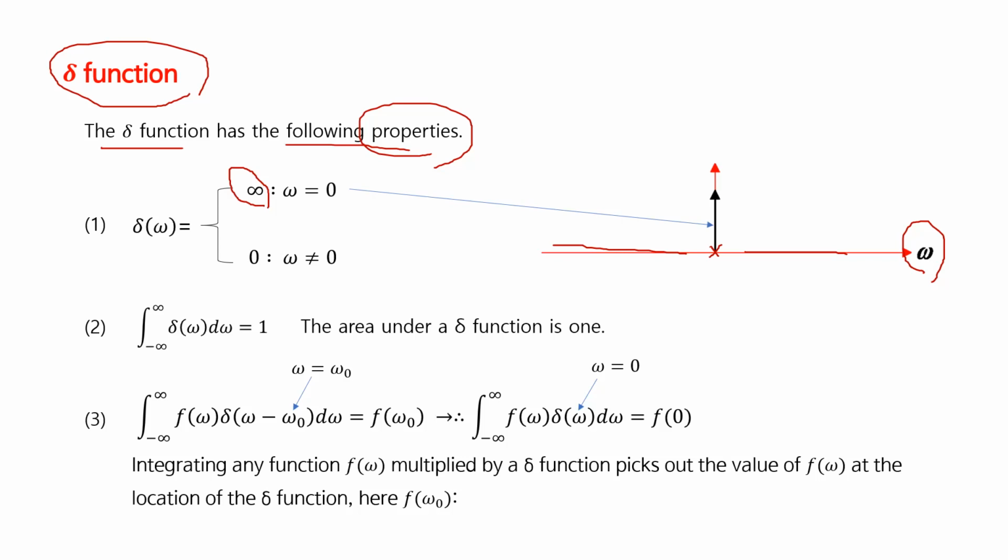So the delta function has amplitude only at omega equals 0. The integral of the delta function from minus infinity to infinity equals 1. This means that the area under a delta function is unity.